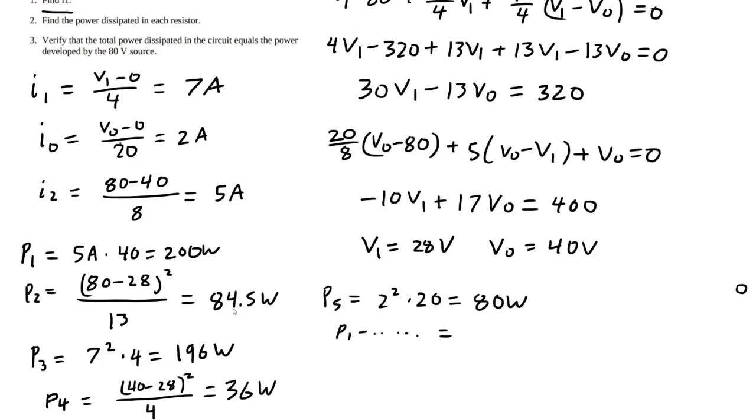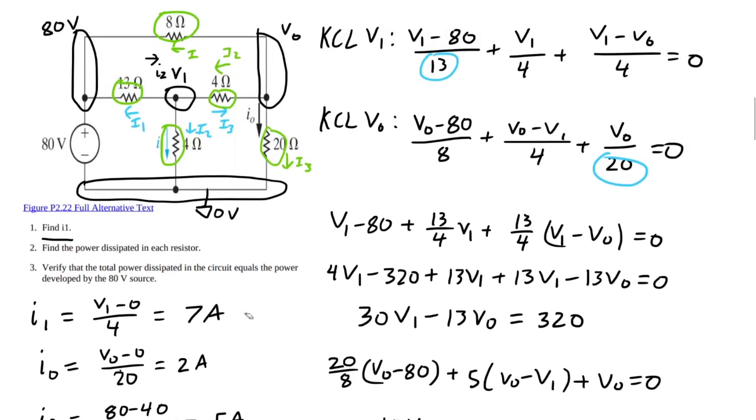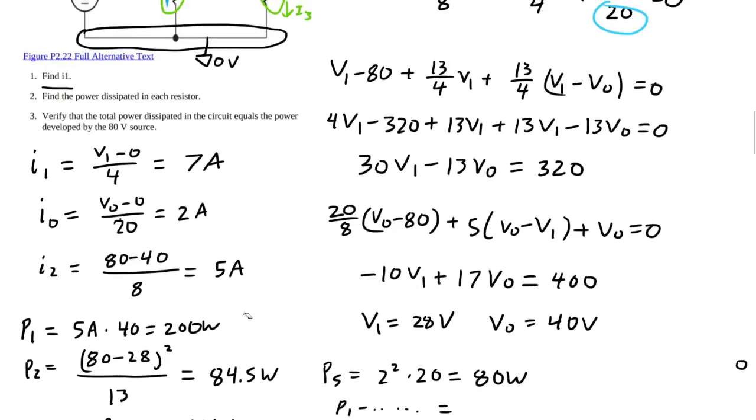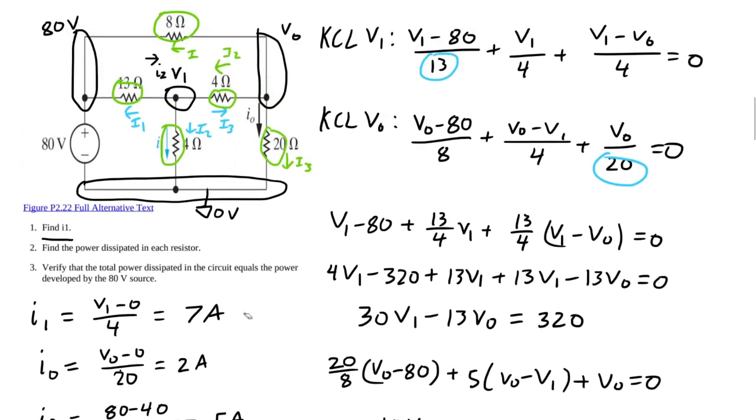80 plus 84.5 plus 196 plus 36 plus 200. Now I'm going to double check P2 one more time just to make sure, because it does make some sense, but I want to make sure. Yeah, 80 minus 28 squared, V squared over R. Let me do the current real quickly.